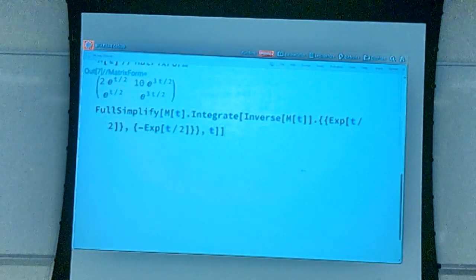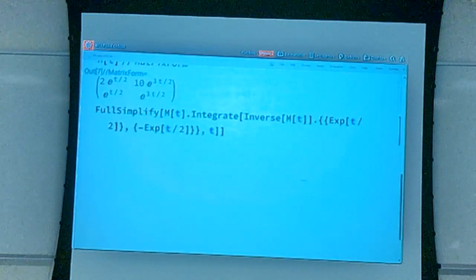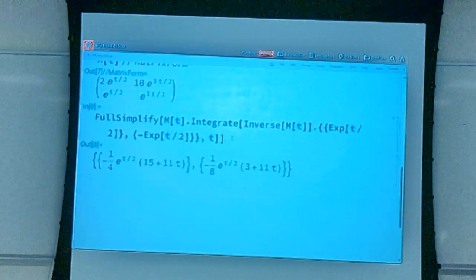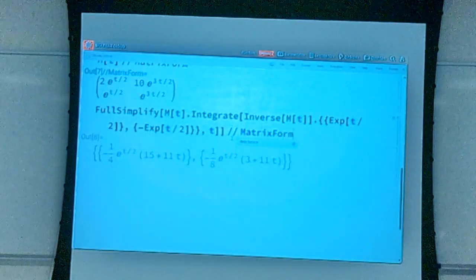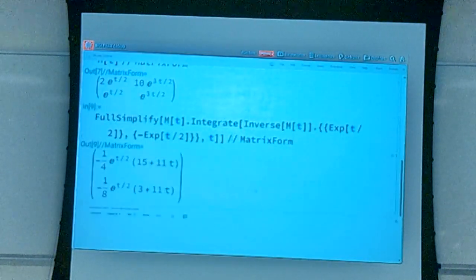Close that out. Let's put that in matrix form.